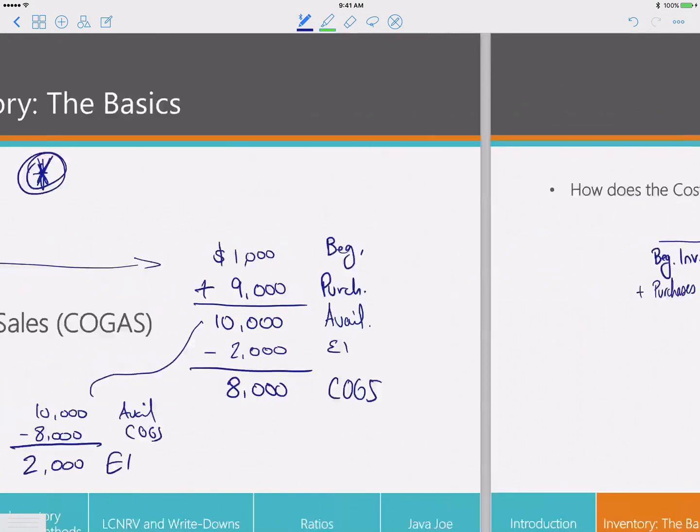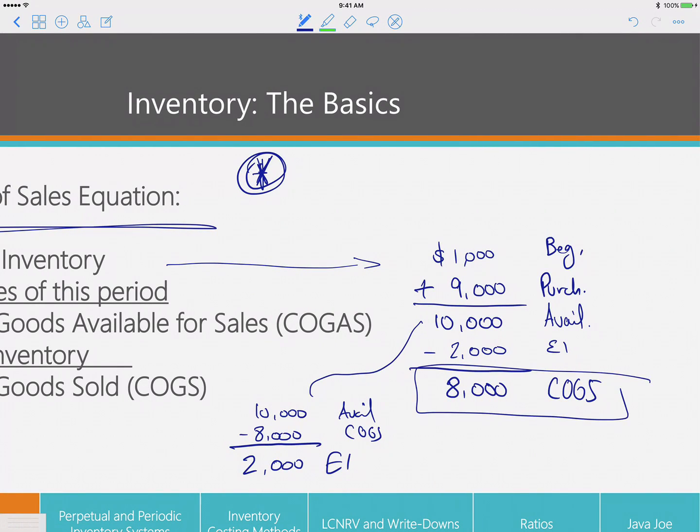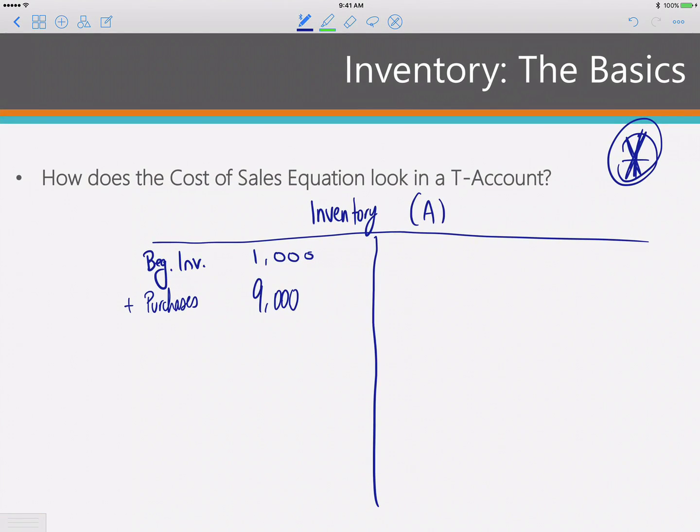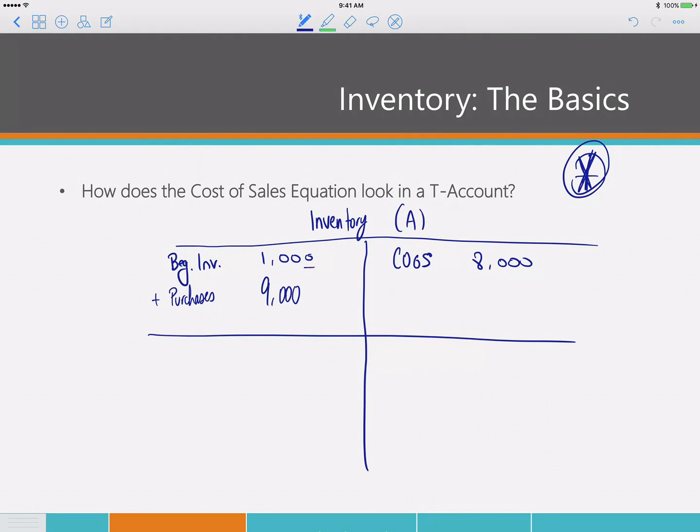And if we look back, our cost of goods sold was 8,000. So COGS, 8,000. So what does that give us? Well, we have 1,000 plus 9,000 minus 8,000, and that gives us 2,000.